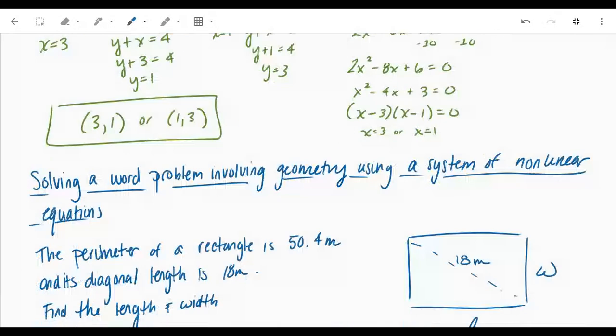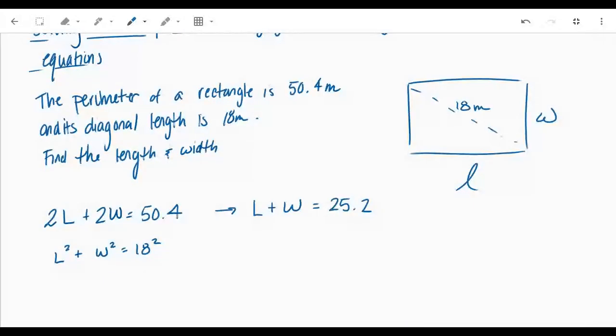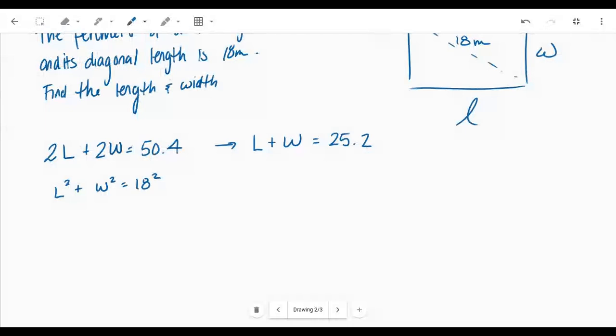And we also have the sum. So we can just go ahead and make this be L equals 25.2 minus W. So that's 25.2 minus W, squared, plus W squared equals 18 squared.